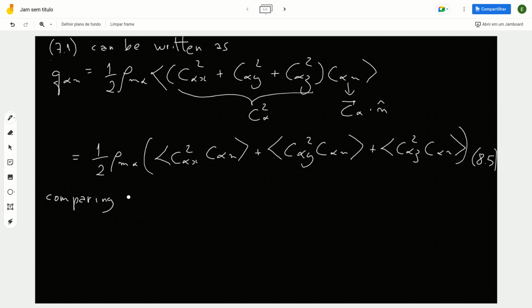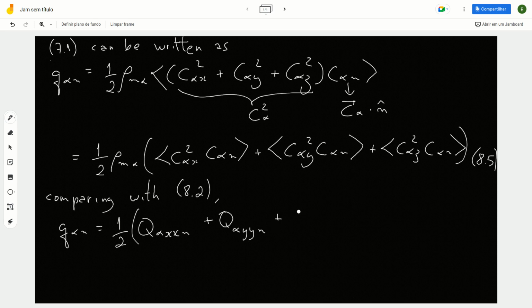Comparing with 8.2, you will get Q alpha n equal to 1/2 of Q alpha xxn plus Q alpha yyn plus Q alpha zzn. Okay, just a different way to write the heat flow vector.